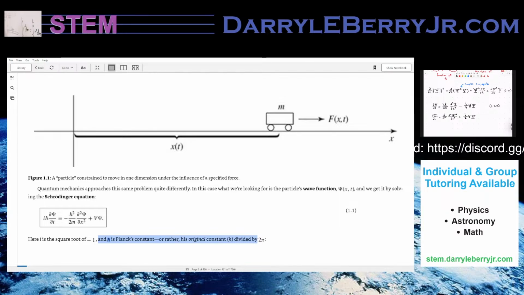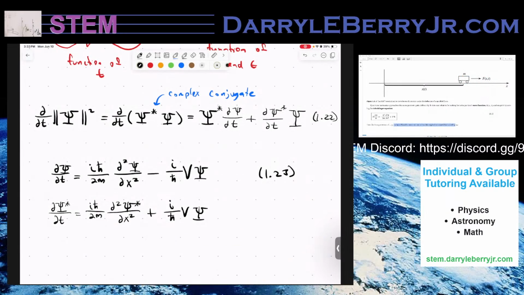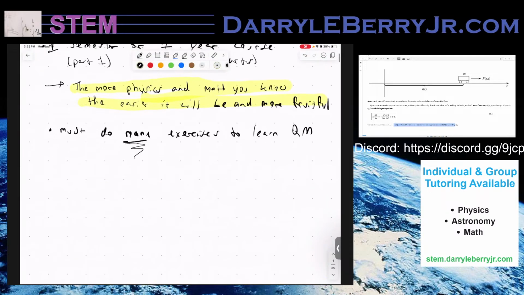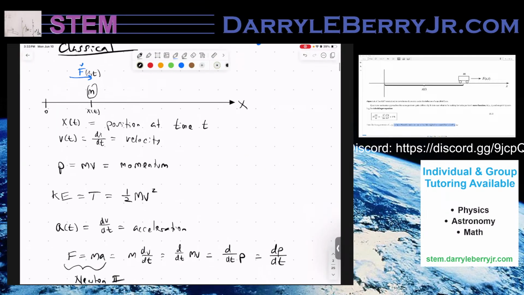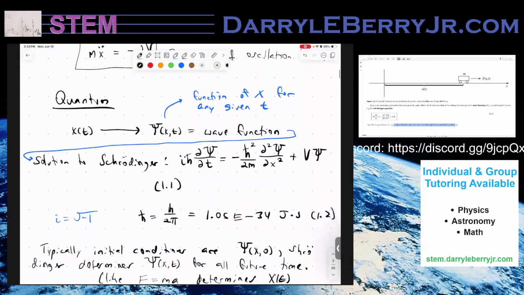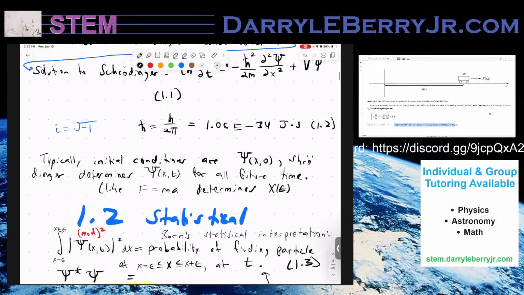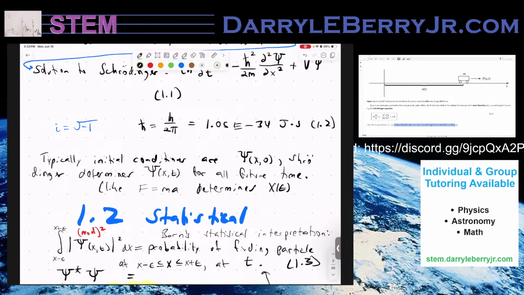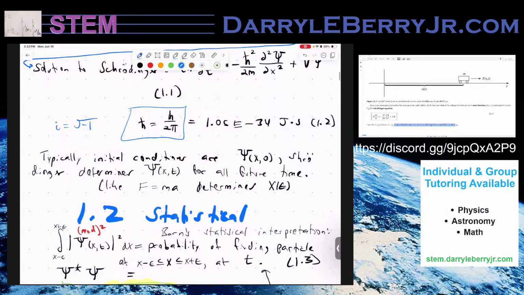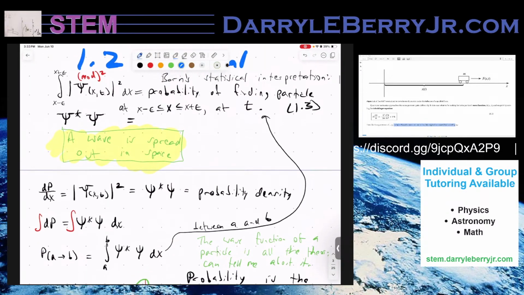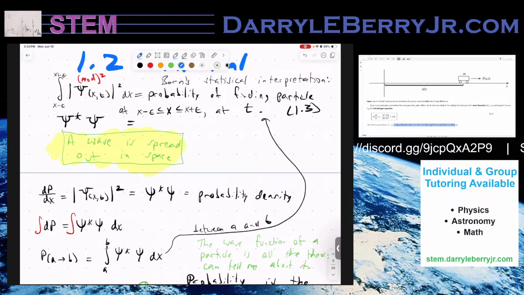It might be easier to look back at my notes. And there's my note. I did remember that correctly. That h bar is h over 2 pi. Here's the complex conjugate on the left.